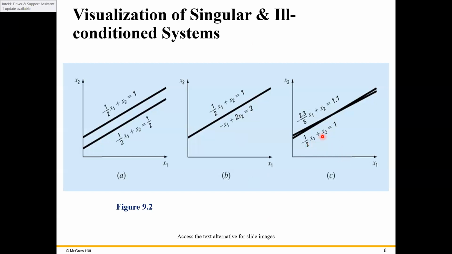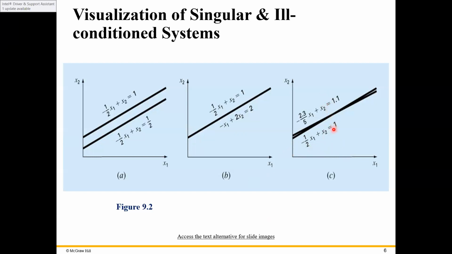And here we have two lines, but these two lines are intersecting with each other at a very small angle. It means they are not very much different from each other.